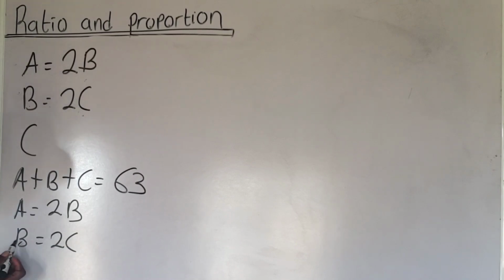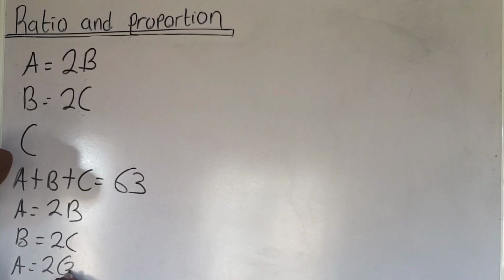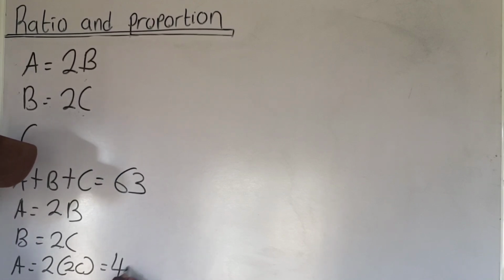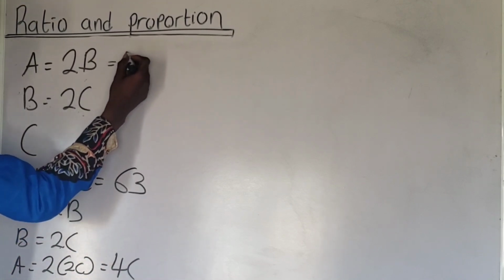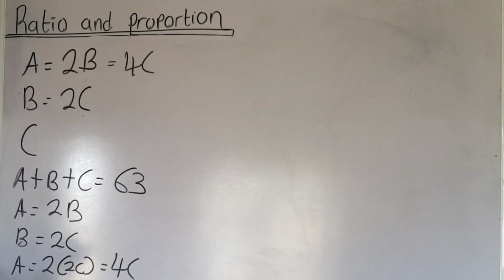Now, if B is equal to 2C, A will be equal to 2 into brackets 2C, which is 4C. Do you understand how I got this? If you didn't understand, reverse the video and watch it again.